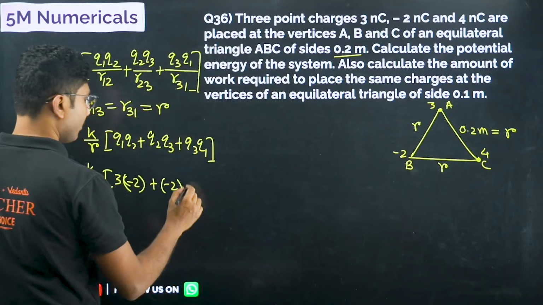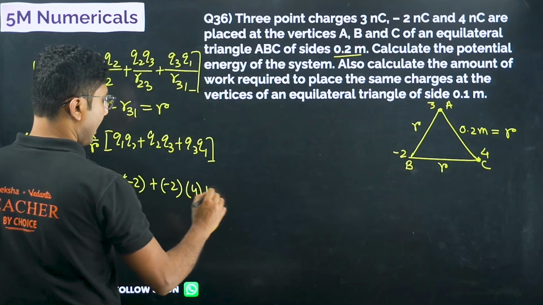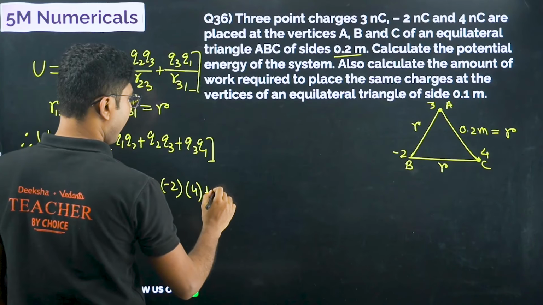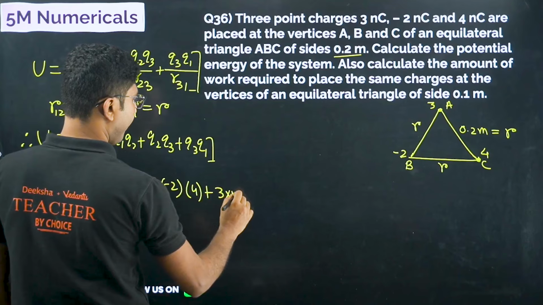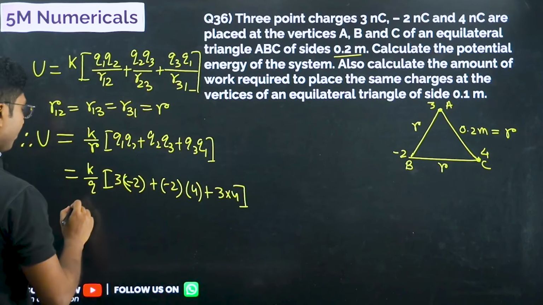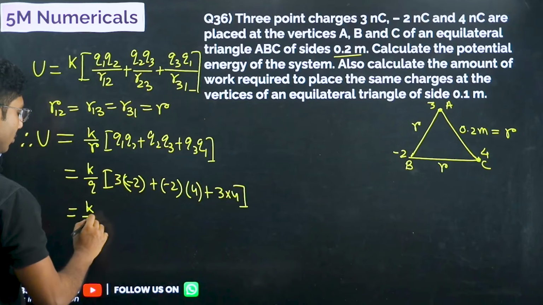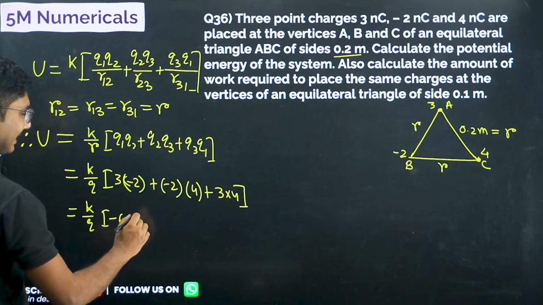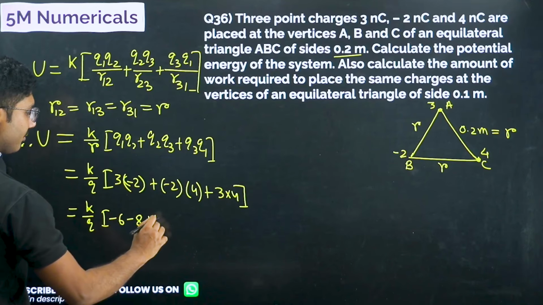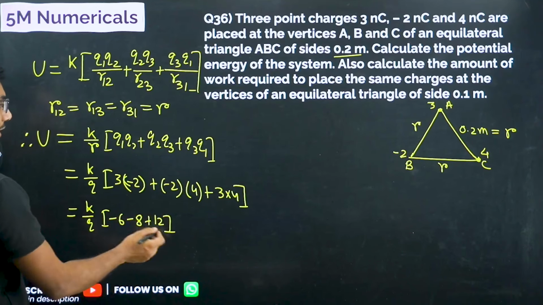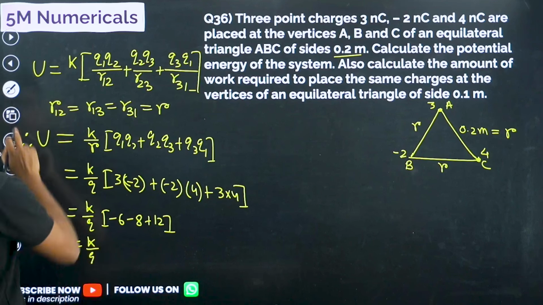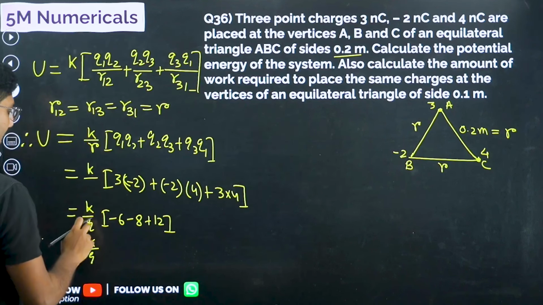The third charge is 4. And the first and third charge, 4 into 3. Now we will put in the values: K by R times minus 6 minus 8 plus 12. So it will be minus 14 plus 12, that is K by R.